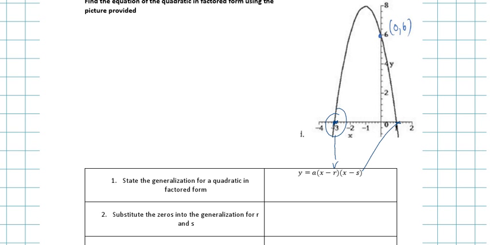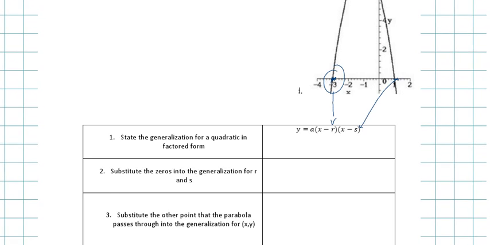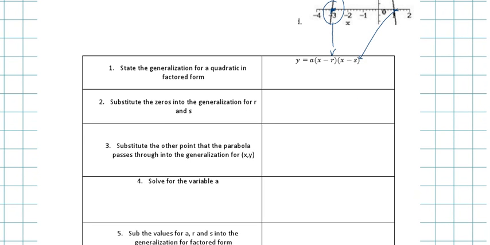That's not bad. Okay? So let's see what it would look like. So y equals a, x minus negative 3. If I have minus negative 3, what do I get? Plus. That's right. So I'm going to write it like this.